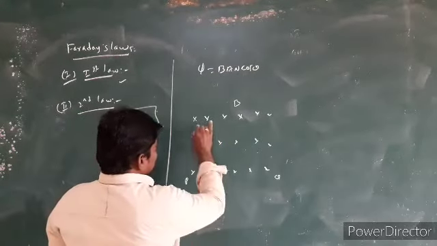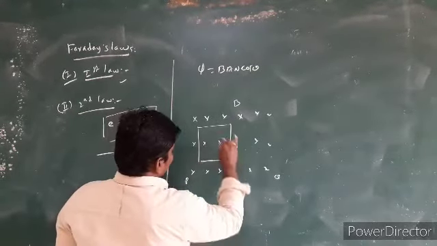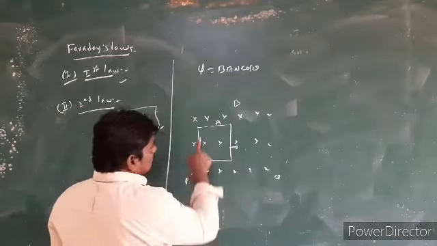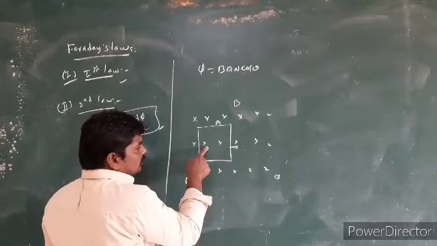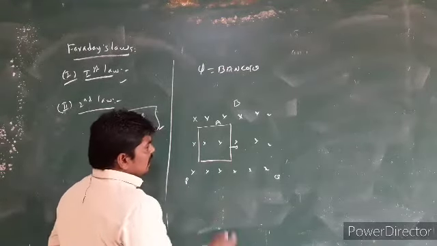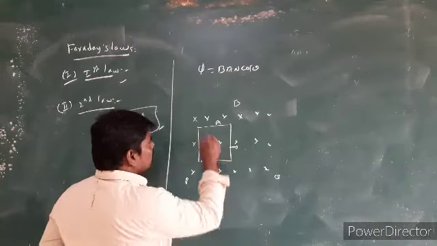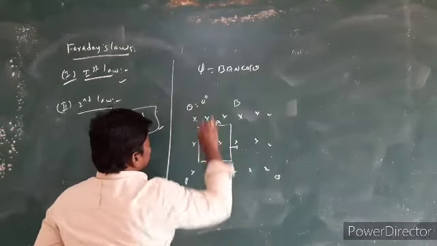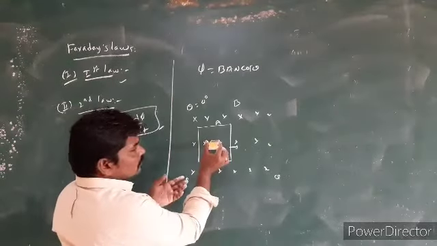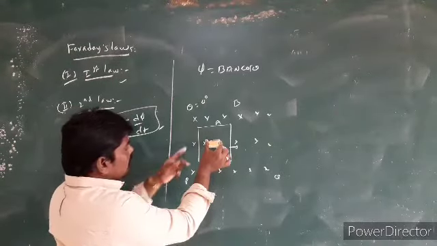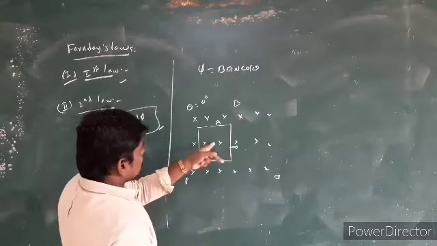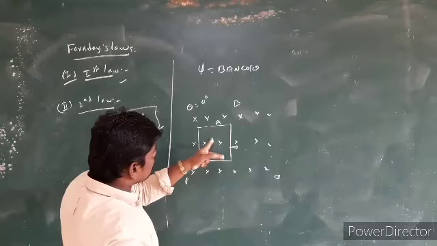Now, I am considering a square loop of area A. The square loop is in the plane of the board. The magnetic field is perpendicular to the plane of the board. Now, the angle between the area vector and the magnetic field, theta, is 0 degrees. The area vector is always perpendicular to the plane of the board, always perpendicular to the plane of the coil.